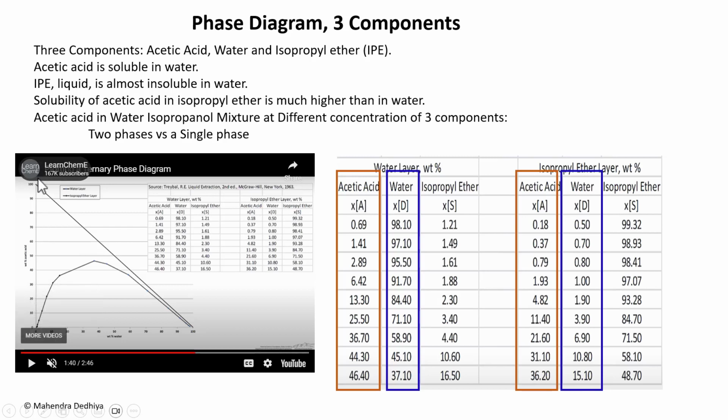And now you have a phase diagram showing acetic acid, water, and isopropyl ether. We know this is a single phase here where all three components are miscible. This phase here has immiscible liquids.